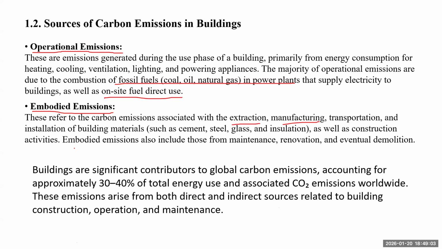So embodied emissions are mainly for the construction phase, the building materials for their manufacturing, their transportation, and on-site construction, and also for those building materials their maintenance, renovation, and eventually demolition during their life cycle.